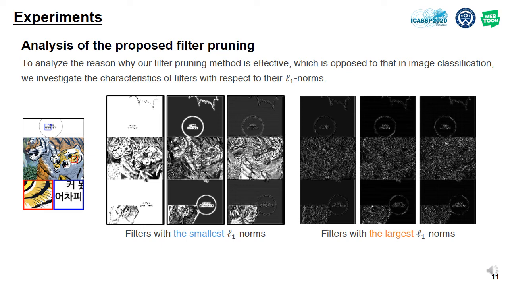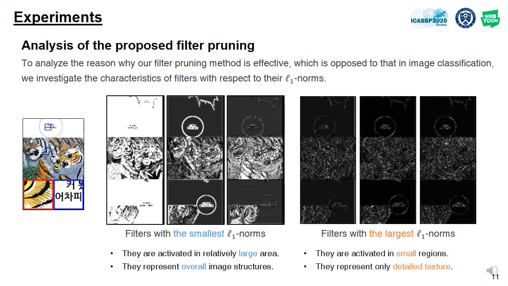You can observe that they are activated in relatively large area and represent overall image structures. On the other hand, the feature map from the filters with the largest error norm are activated in small regions, and they represent only detailed texture. Therefore, you can infer that the filter with larger error norm tend to drop the performance less significantly.